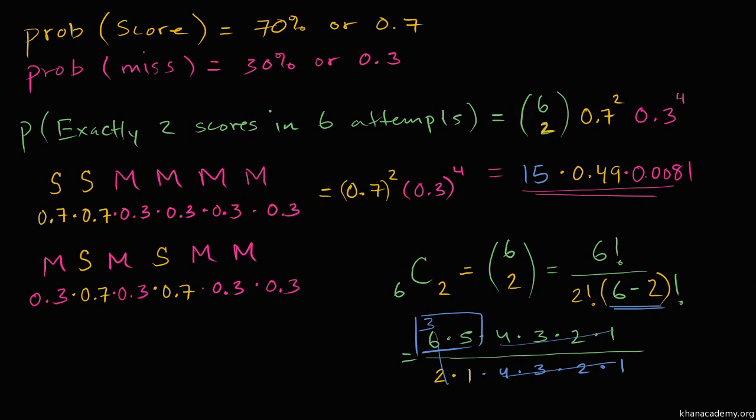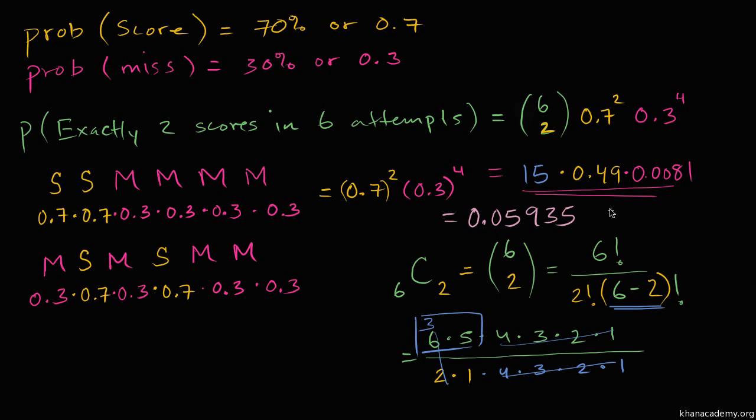Let me write it down. I wish I had a little bit more real estate right over here, but I'll write it in a slightly less bold color, since I'm out of bold colors. This is going to be equal to 0.059535 if we wanted the exact number.